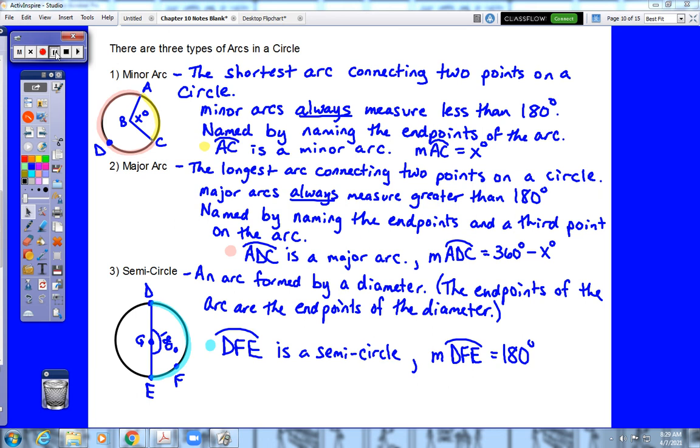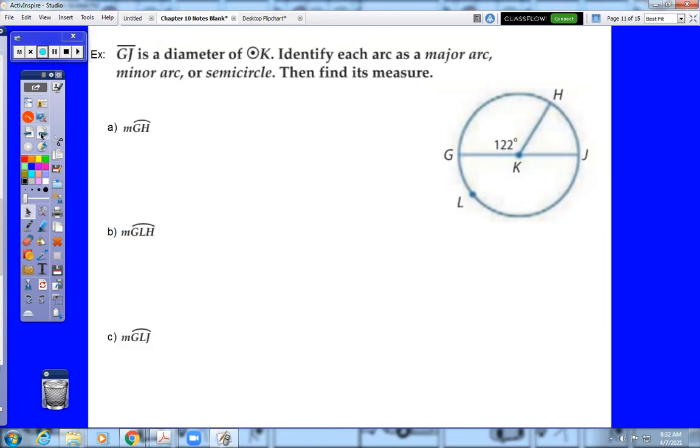Here we go. Okay, so GJ is a diameter of circle K. We're supposed to identify each arc as a major arc, a minor arc, or a semicircle, and then find the measure. So we'll start with GH. Remember that there's only 2 letters there, which means that this is a minor arc.